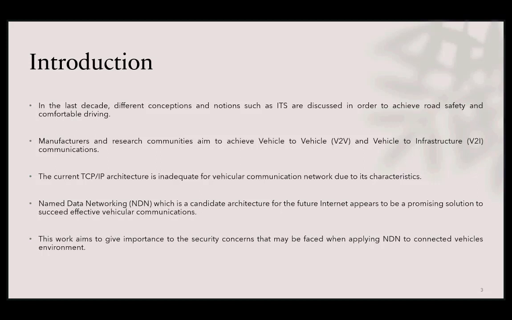Named Data Networking, which is a candidate architecture for the future internet, appears to be a promising solution to achieve effective vehicular communications.